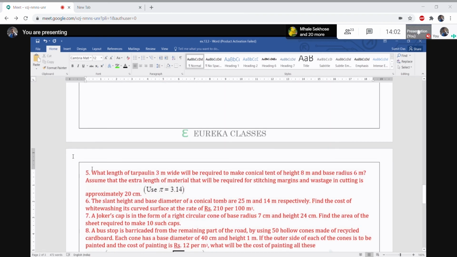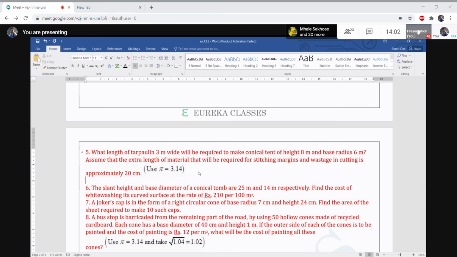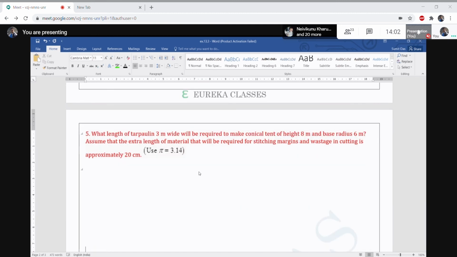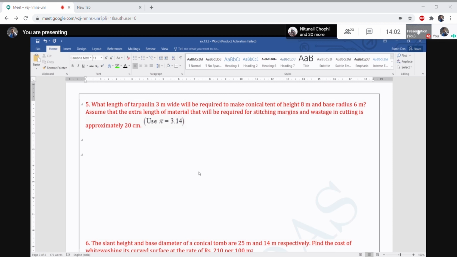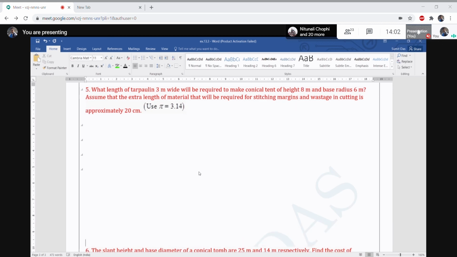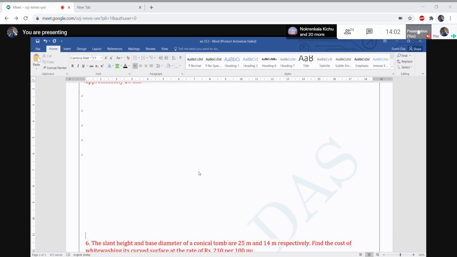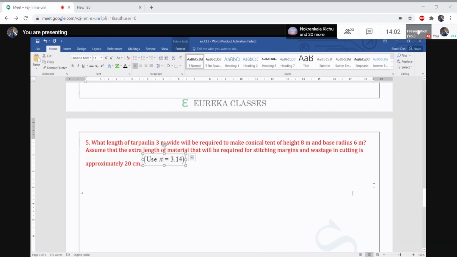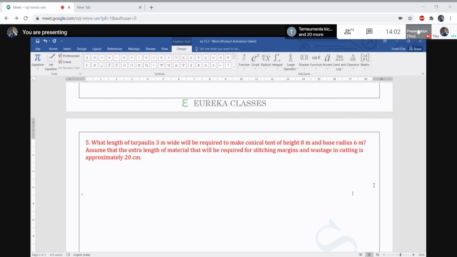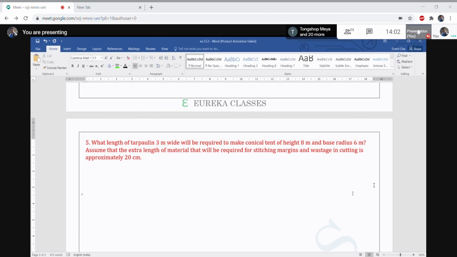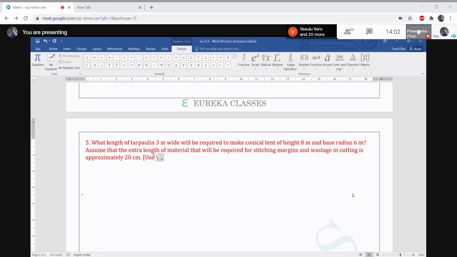Question number 5 is: what length of tarpaulin 3 meter wide will be required to make a conical tent of height 8 and radius 6? Assume extra length of material that will be required for stitching margin and wastage cutting is approximately 20 centimeter. One information given, pi equal to 3.14.